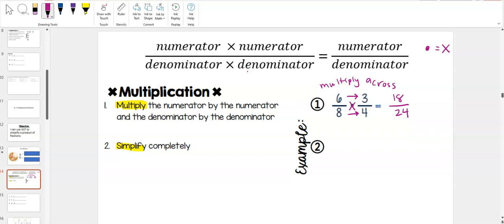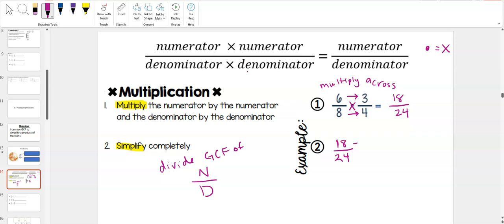Okay, and that's it. The last thing we have to do is just simplify. If you've got 2 numbers, 18 and 24, we're going to divide them by the GCF, the GCF of the numerator and the denominator. If you don't know what goes into 18 and 24 evenly, you could start with 2, but we should know that 3 does go into both of these evenly.